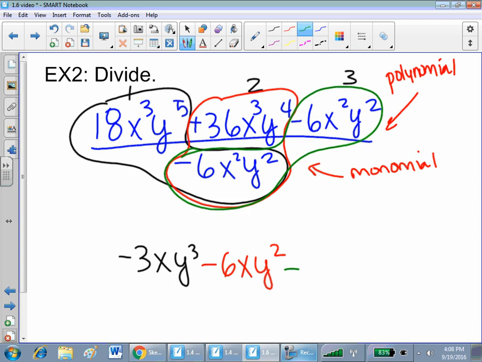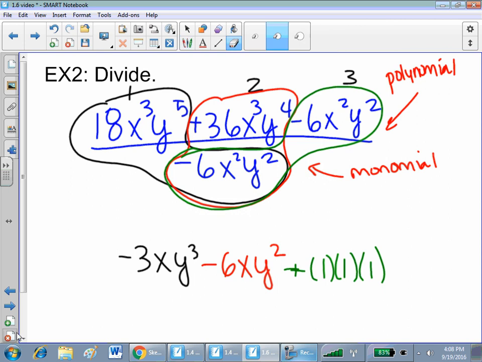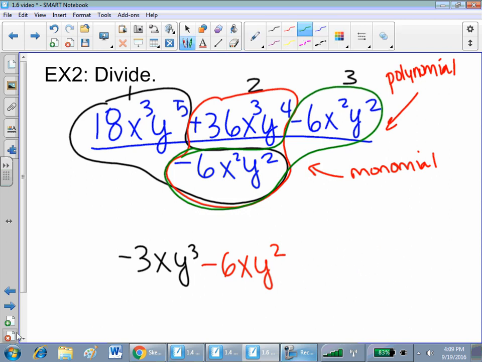So technically what we have here is 1 times 1 times 1, which I can just write as +1. Here's a common misconception. Oftentimes, when we see something like this, something divided by itself, we want to say that's nothing, that it just goes away.